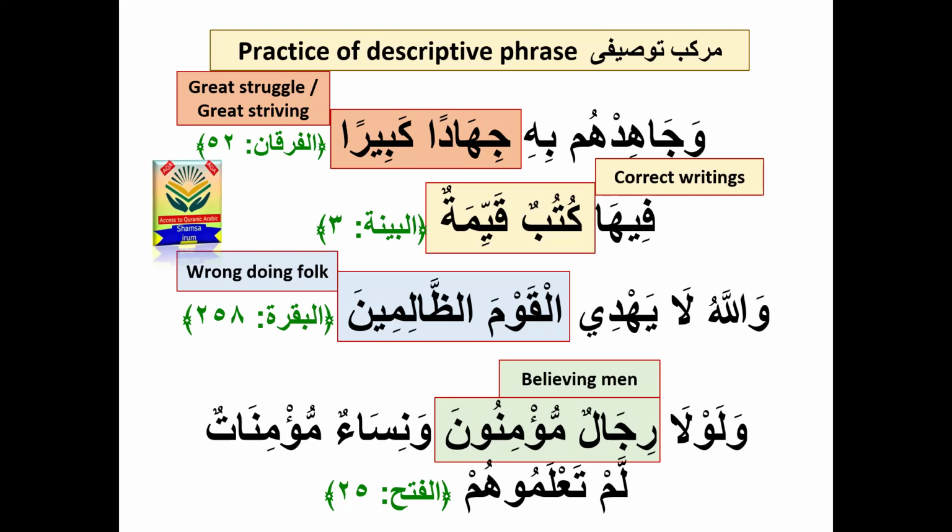Okay, mawsuf is broken plural and sifa is sound plural. Next one, nisa'un mu'minatun. The meaning is believing women. Nisa'un is mawsuf and mu'minatun is sifa. I hope you're enjoying this practice.